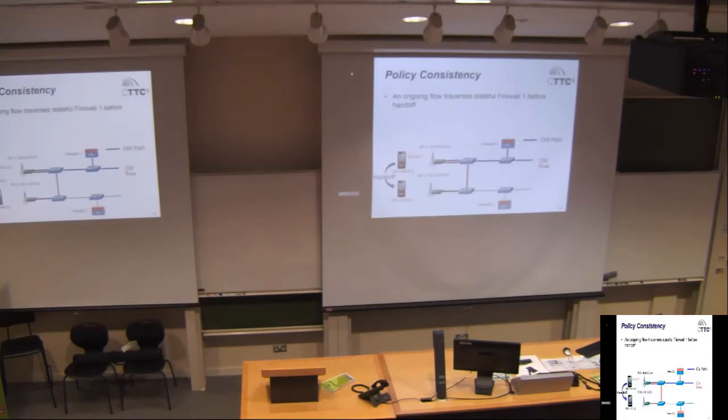And then, when the traffic arrives at the old switch to which this UE was attached, you redirect the traffic to the new location of the UE. All this to enforce that an old flow traverses the same set of middle boxes as before the handoff of this UE happened.